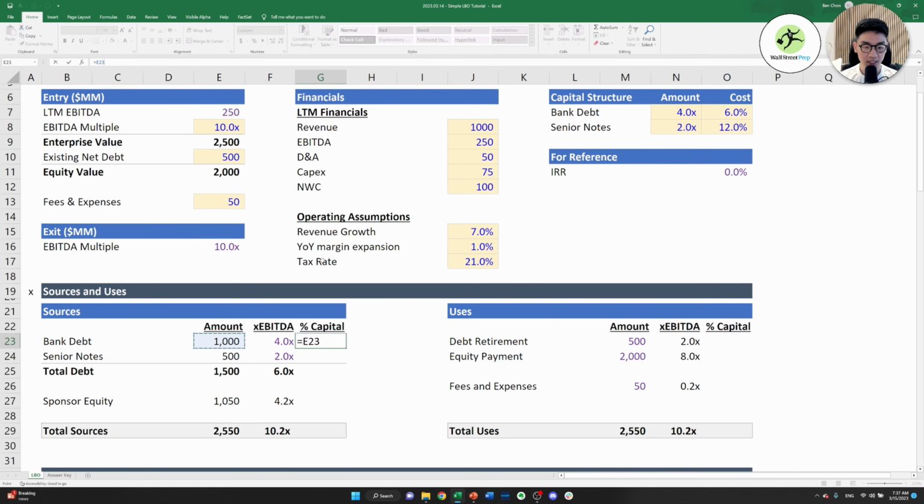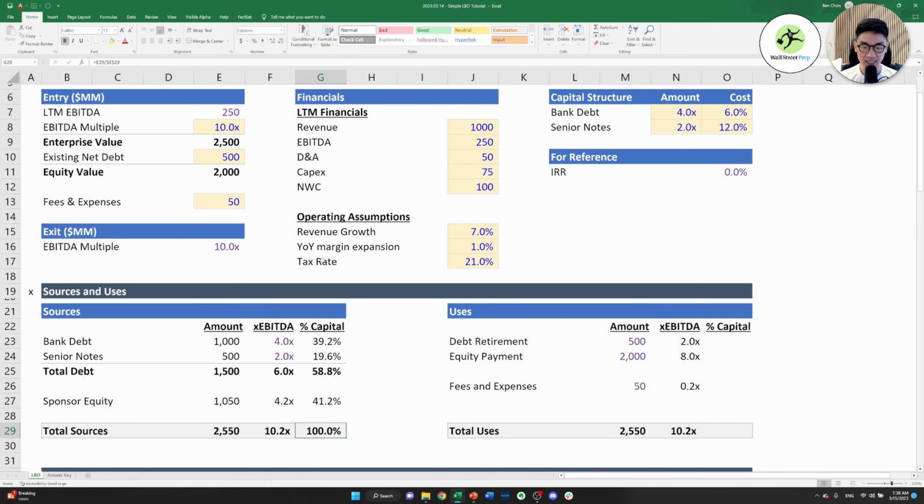So what we want to do here is get the amount and then divide by our total sources on this section, or on the right hand side uses. I'm going to press F4 in order to not have to go back and forth or continually go back to that same cell. It's called anchoring. And I'm going to press Alt ESF in order to just copy paste the formulas down.